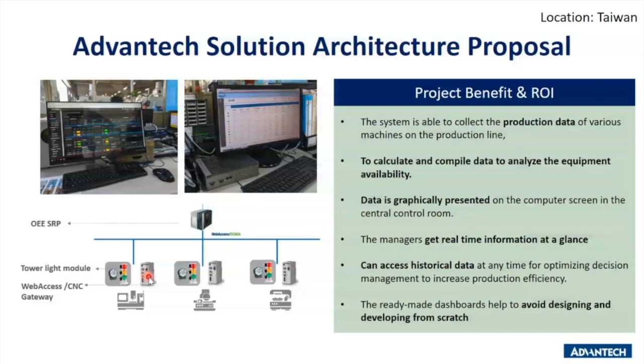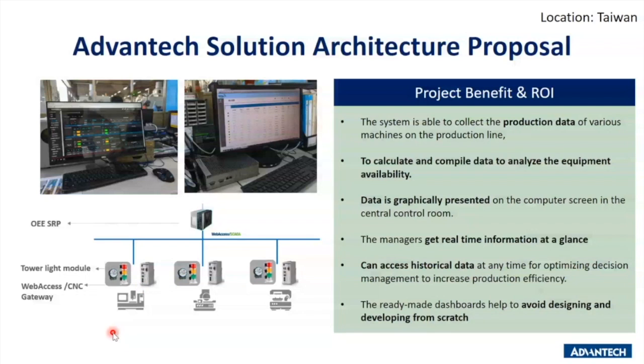This computer has our WebAccess CNC gateway software embedded inside. So this will help them link directly with the CNC controller, such as the Mitsubishi controller, Fanuc controller, etc. By connecting this, I would say maybe half of the problem is solved.